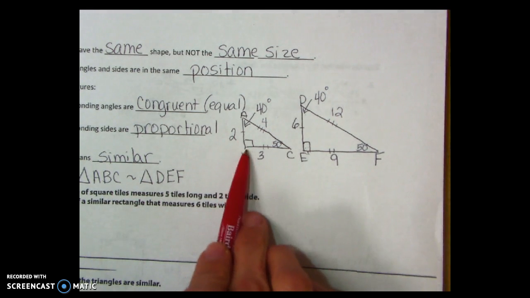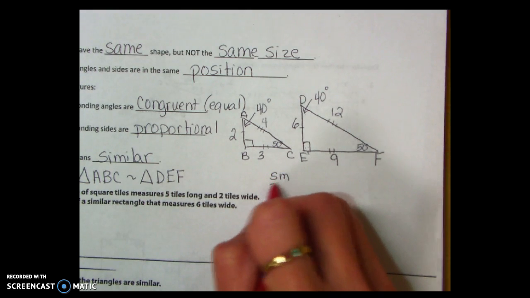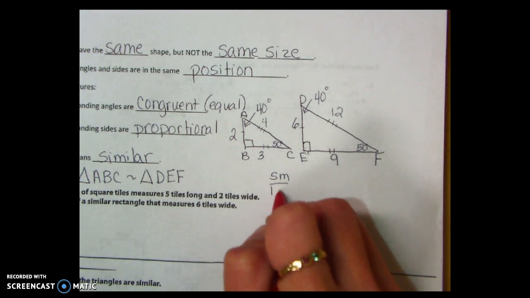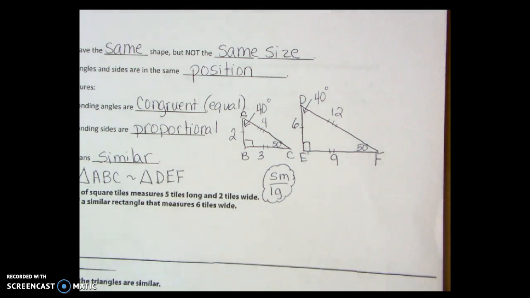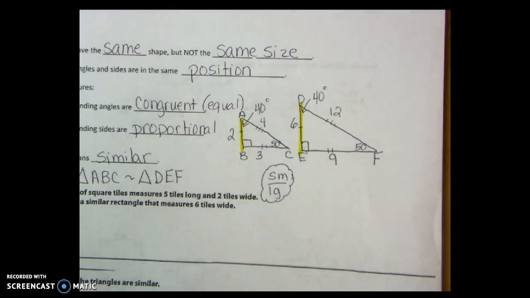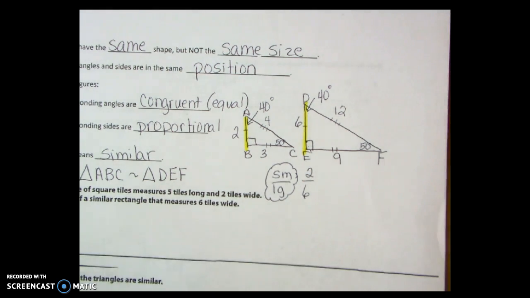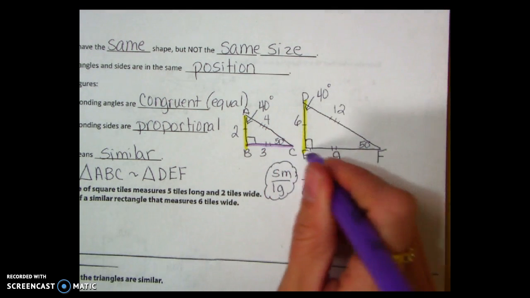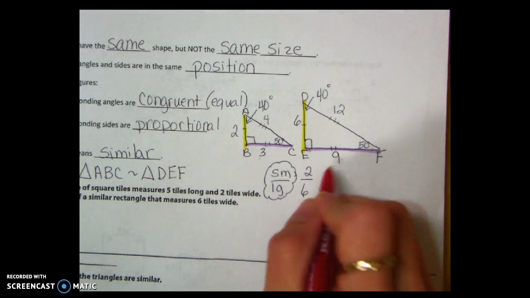So if we set these up as ratios, we have a small triangle and we have a large triangle. So this side corresponds to here, so that would be 2 to 6. This bottom side would correspond to the bottom here, which is 3 and 9.